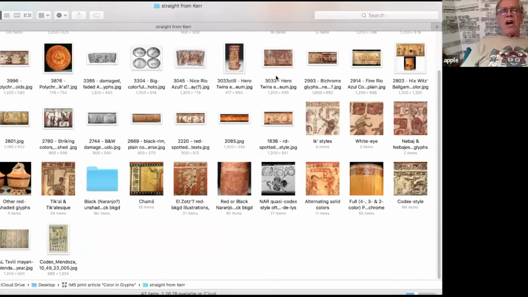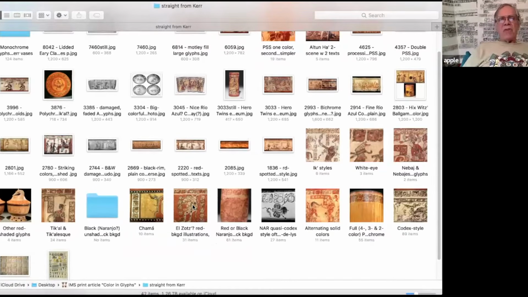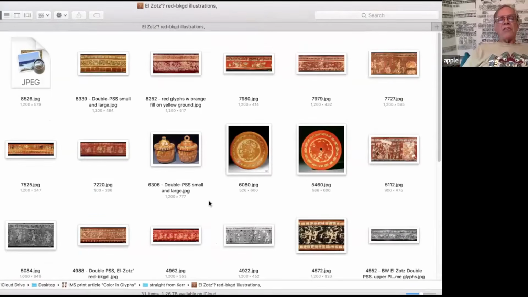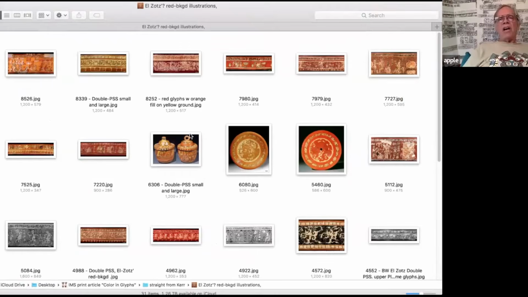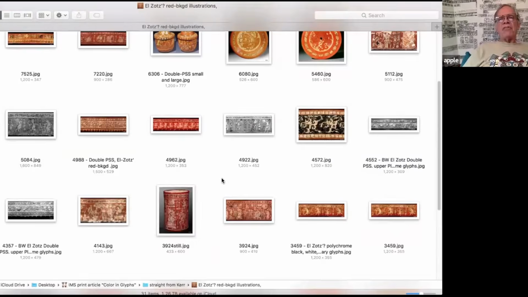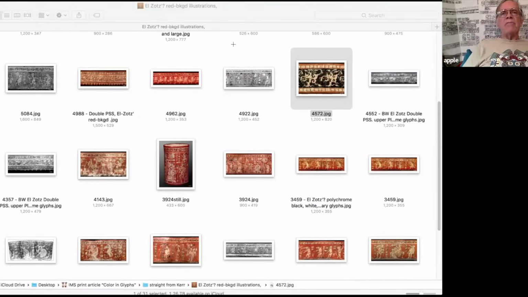This is a folder of primary standard sequences, and in the Elzot's... Let's see what happens. Can you see the Elzot's hieroglyphs? Yes. Okay, so these are all the red background vases from Elzot's. Can I blow this up? Oh, there. So can you see the close up of the vase?